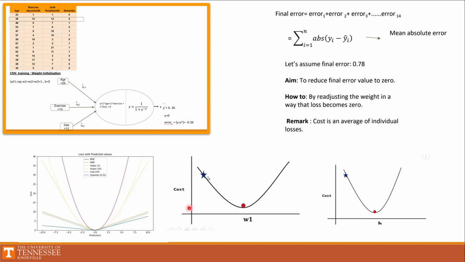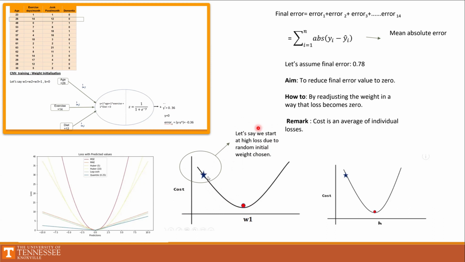I don't know if I can reach 0, but if I keep on going down on this curve, I can reach a point where my error becomes 0. And that would be the best value of my weights, right? And I want that.